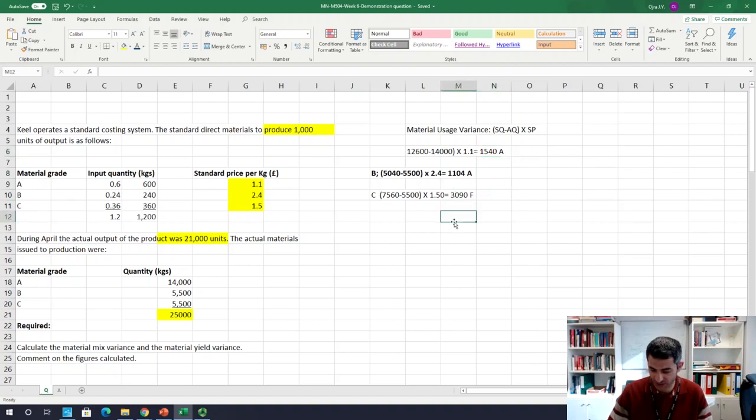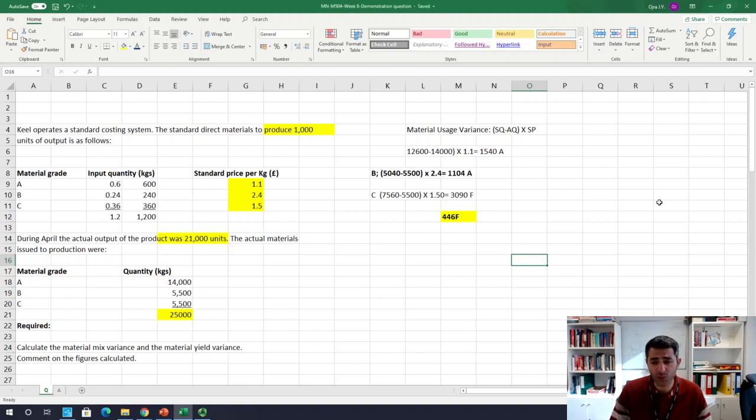So total usage variance equals 446 favorable. When you calculate usage variance, 446 favorable is the favorable variance across all the ingredients.